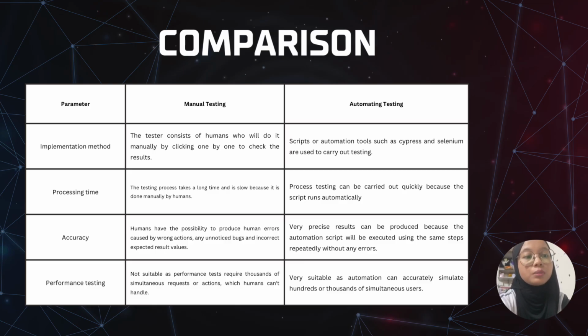And for performance testing, manual is not suitable as performance testing requires thousands of simultaneous requests or actions which humans cannot handle. And for automated testing, it is very suitable as automation can accurately simulate hundreds or thousands of simultaneous users.